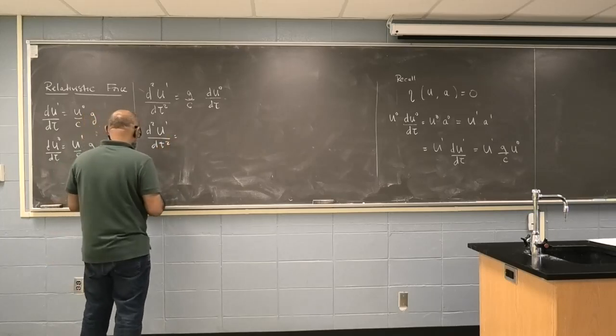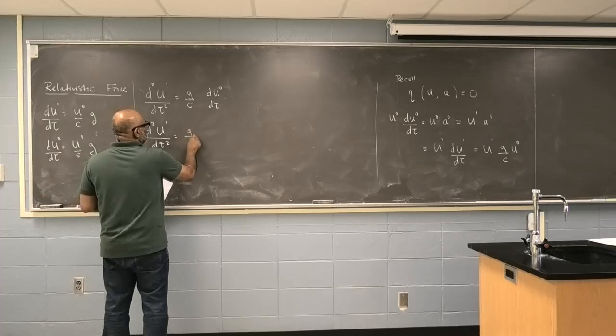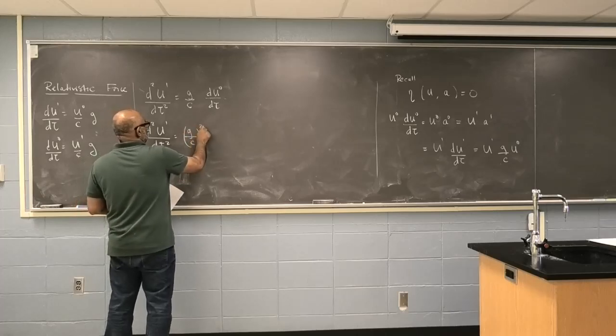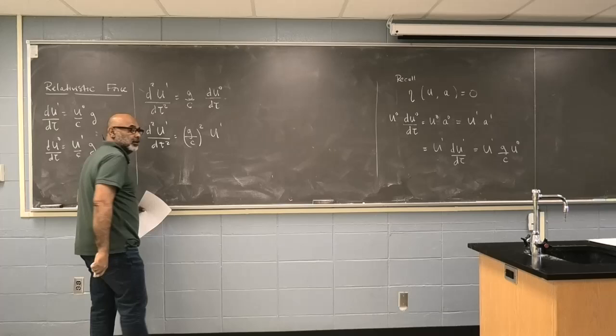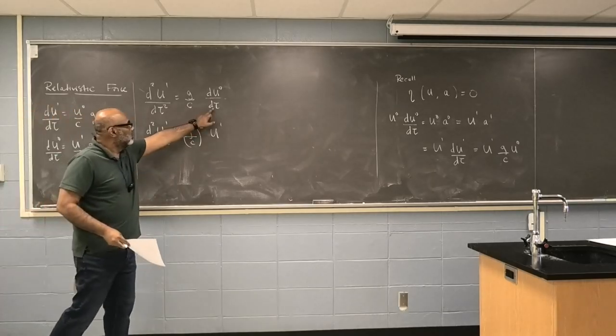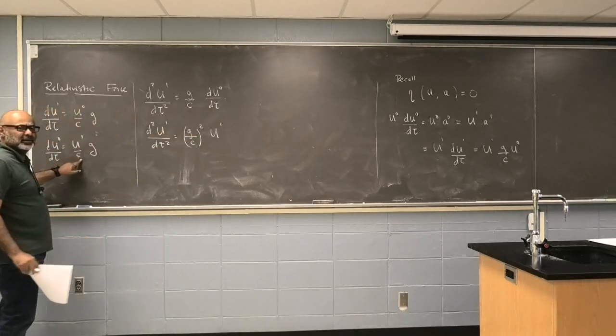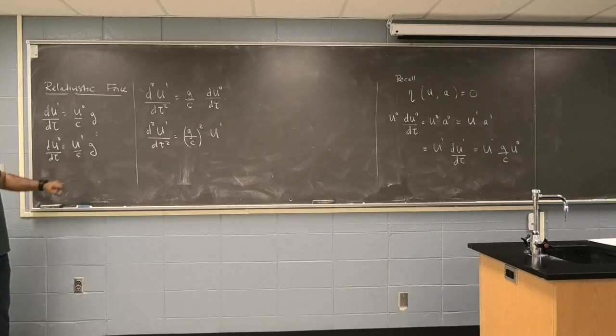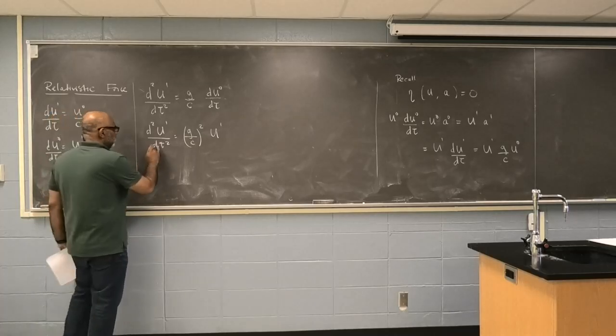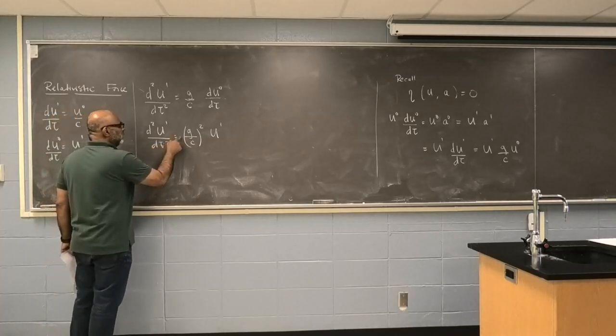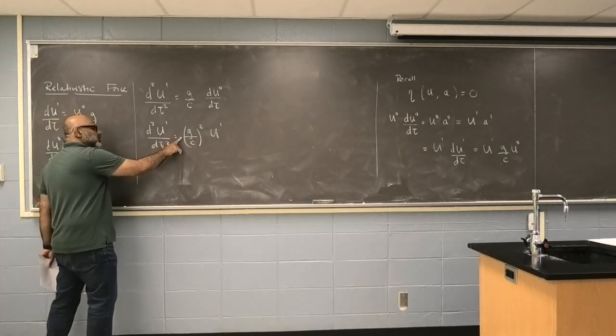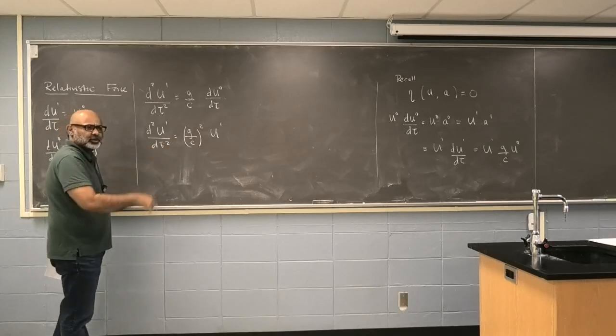So g squared over c squared. Agree? I'm going to replace this with that. I know how to solve this. If there was a negative sign over here, what's the solution to this?